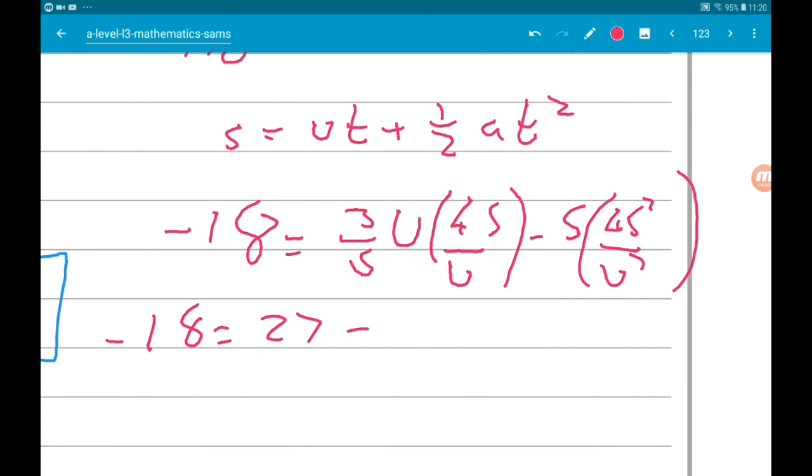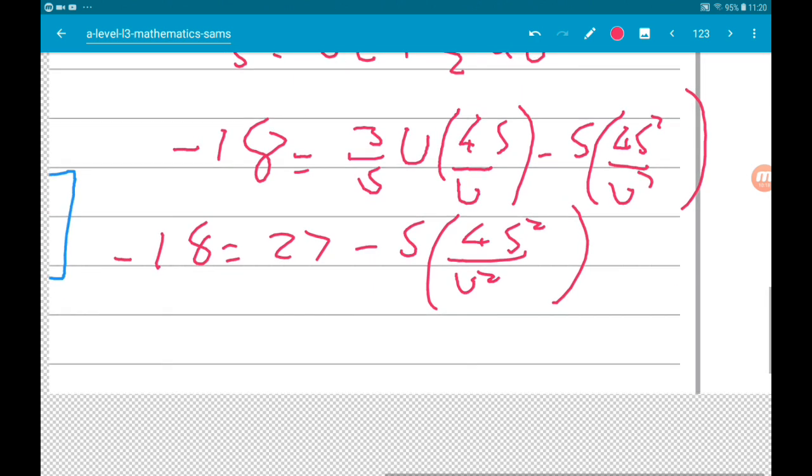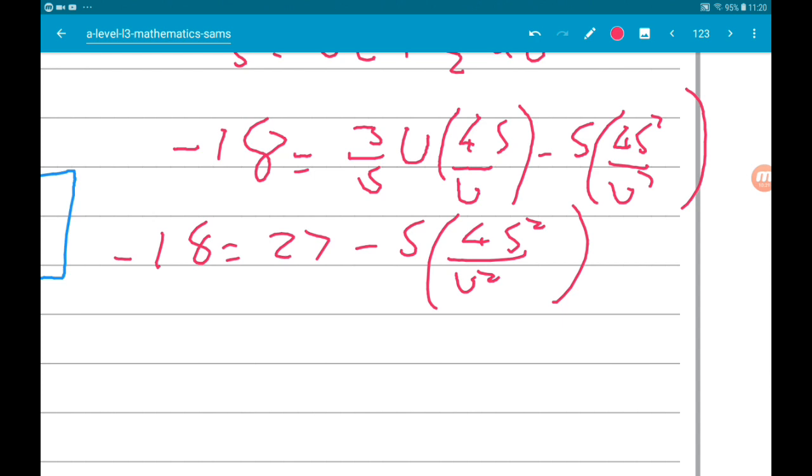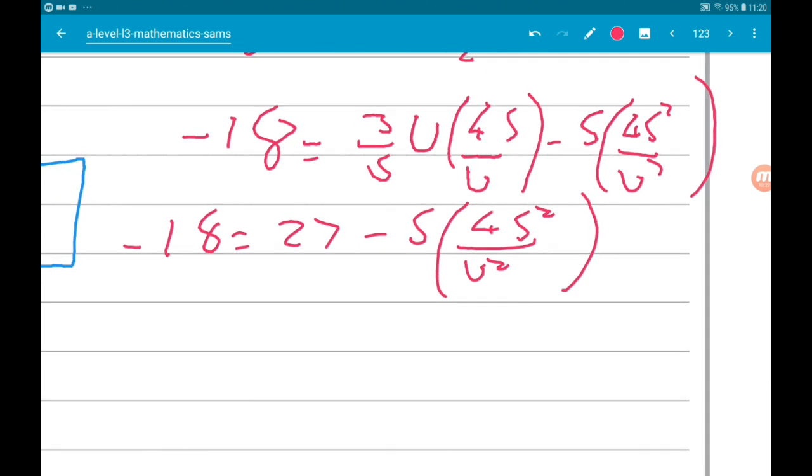Now something nice is going to happen here with the 45s, so I'm going to leave this as 5 lots of 45 squared over u squared, because if we subtract 27 we can get minus 45 is equal to minus 5 times 45 squared over u squared.